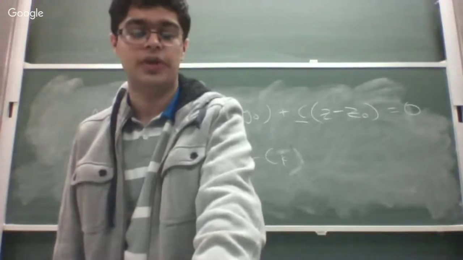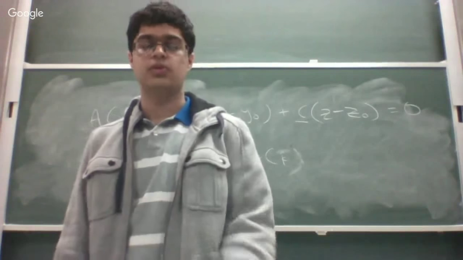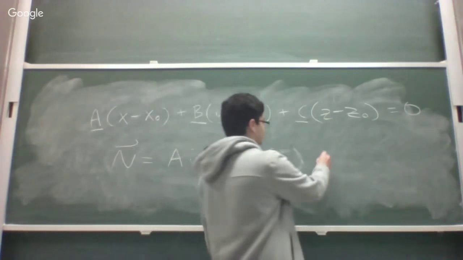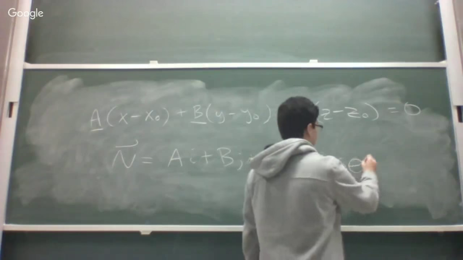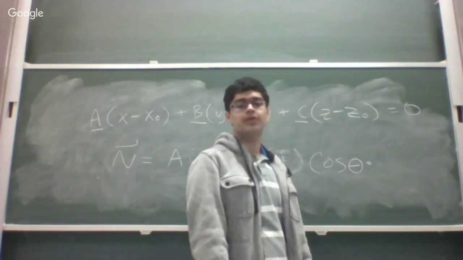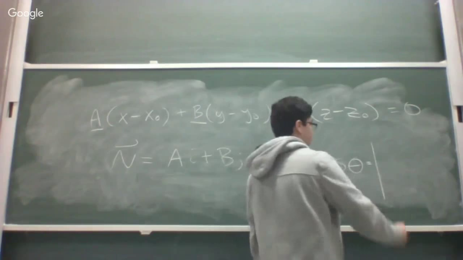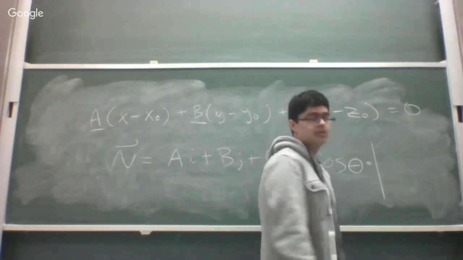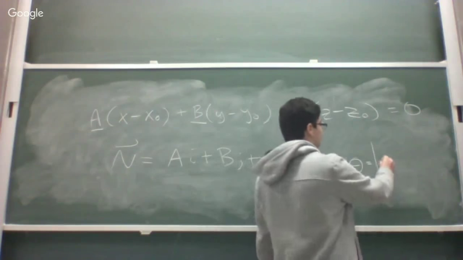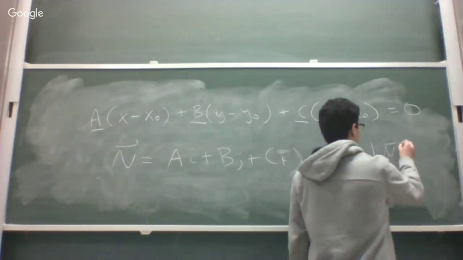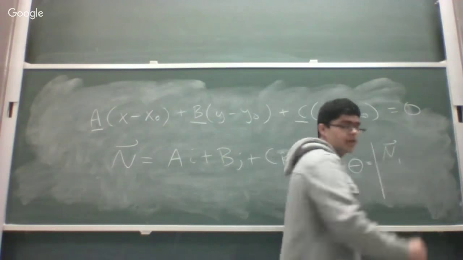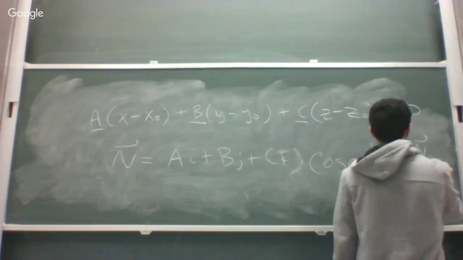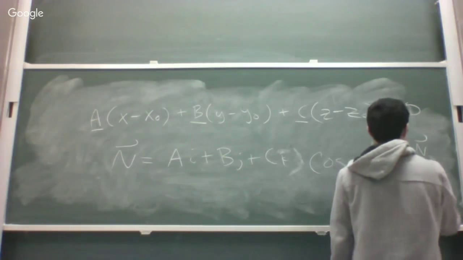Objective 16 is finding the acute angle. Do you guys remember that formula? I'll just quickly write it. Who wants to say it? So yeah, you can do it with AB, or you can do it with your first normal dotted with your second normal, over the magnitudes of n1 and n2.